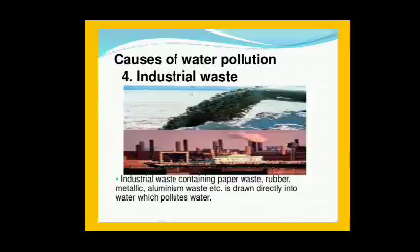Industrial wastage. Industrial waste containing paper waste, rubber, metallic and aluminum waste, etc. is drained directly into water bodies, which pollutes the water. Industry releases waste particles of rubber, metallic, aluminum, lead, zinc, and mercury.